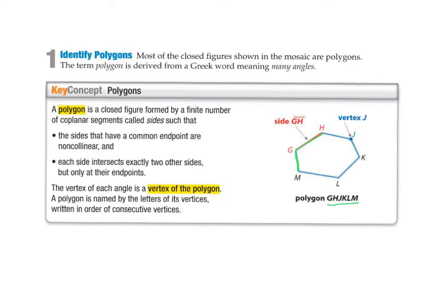So there's 1, 2, 3, 4, 5, 6 sides, and wherever these line segments meet or intersect at the endpoints would be considered a vertex. So 1 vertex, 2, 3, 4, 5, 6. So this has 6 vertices and 6 sides. Vertices is just the plural of the word vertex.